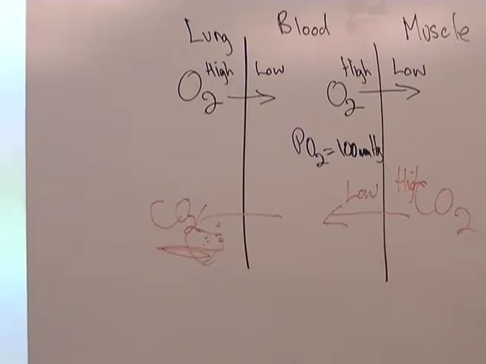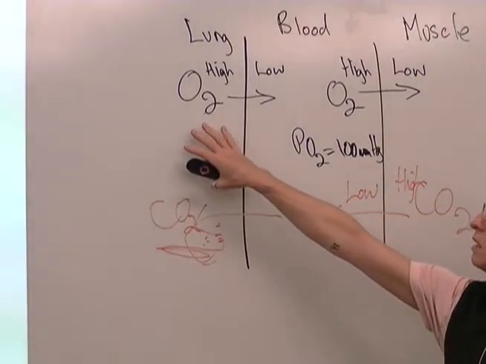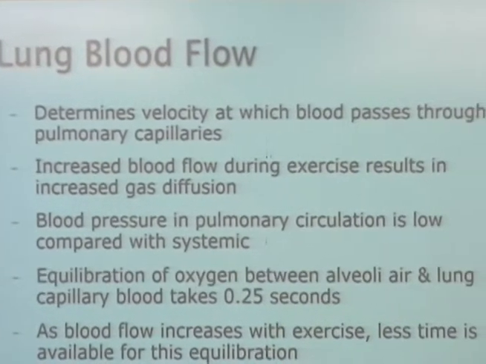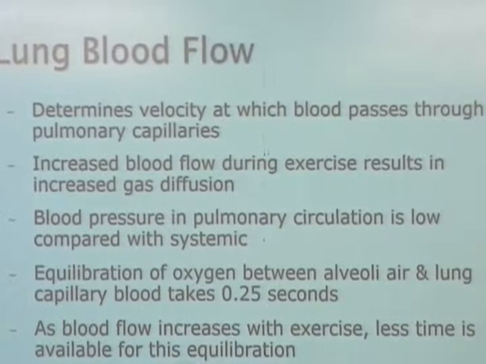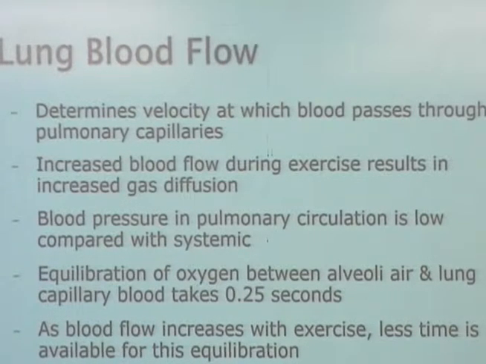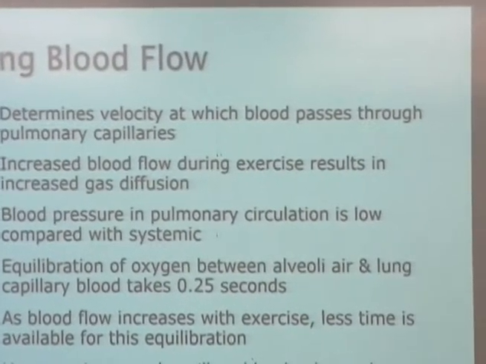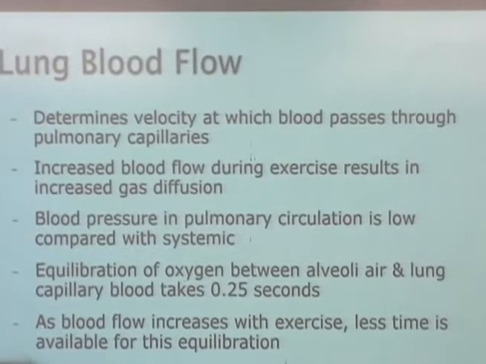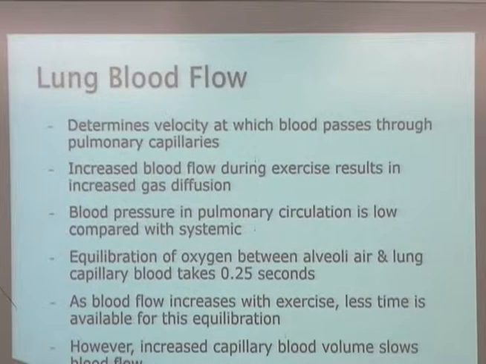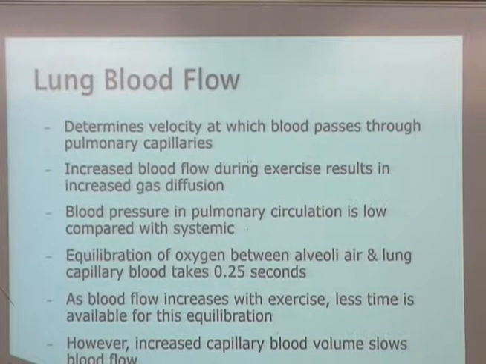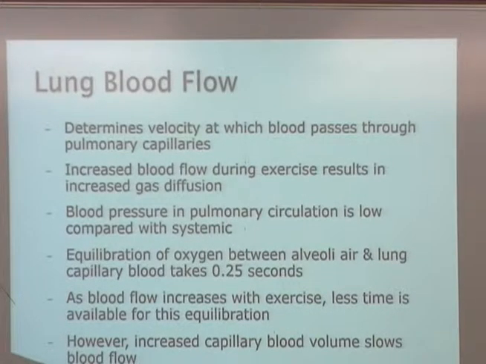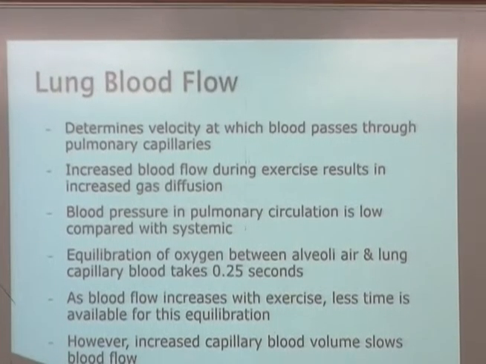So one of the factors we have to pay attention to then is, if I want the most amount of oxygen to saturate my bloodstream when I'm exercising hard, then I would need more blood flow through the lungs to pick up the oxygen that I'm breathing in. And we said when we start exercising, we start to breathe more deeply, and then if necessary, we'll start to breathe more rapidly.